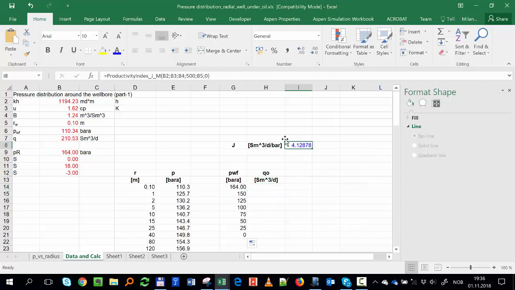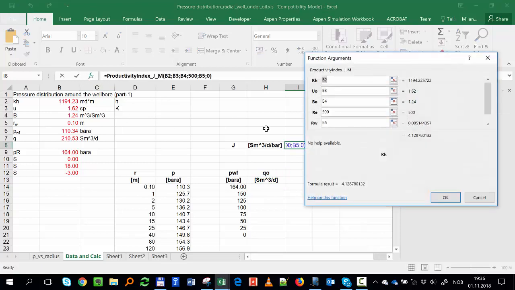The formula of J? We are going to discuss later.